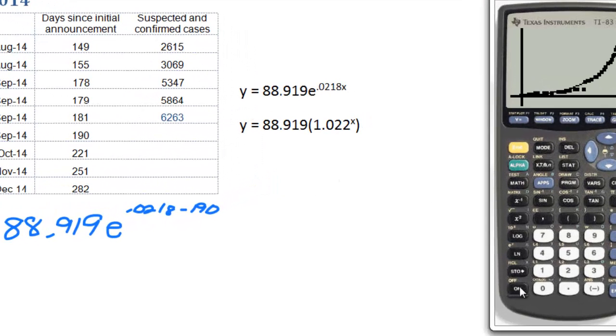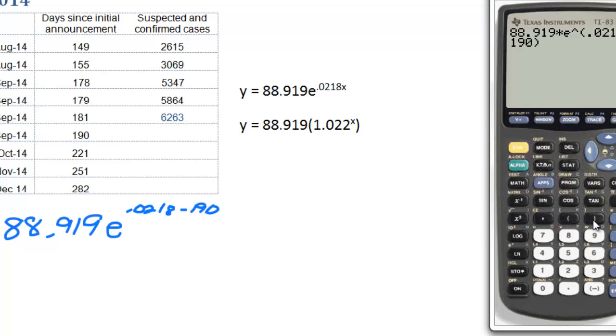So putting this into the graphing calculator, if you were last in a graph, click on second quit to make that go away. And we will put in 88.919 times second of the natural log, e to the, and we need to take 0.0218 times 190 days.